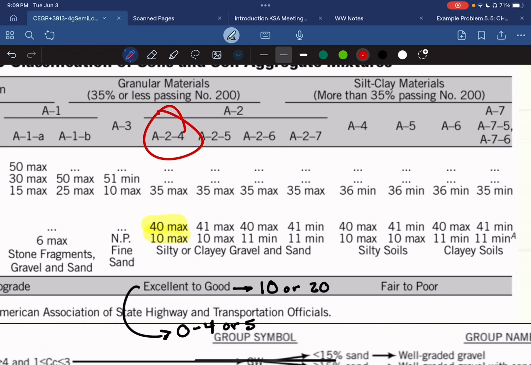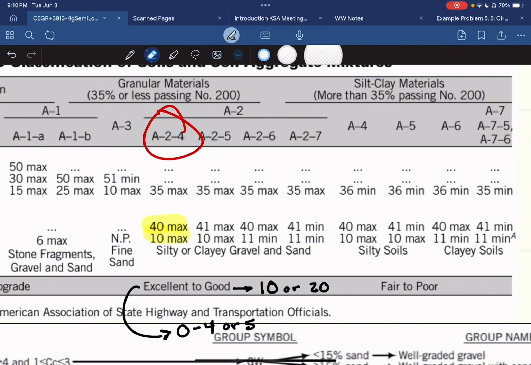This is because of the standards, AASHTO M145-7 but also ASTM D3282, which further explain that the group index should only be used to compare soils within the group and not in between groups.